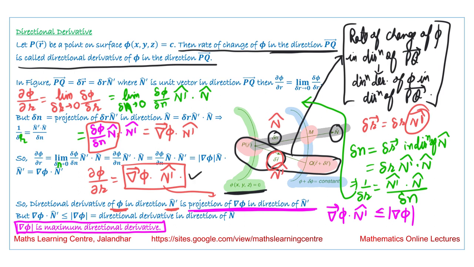First, if we have to calculate the directional derivative, we have to calculate the gradient of phi and find its projection in the direction in which we want the directional derivative. And second, the maximum directional derivative is the magnitude of del phi, that is, the magnitude of the gradient of phi.